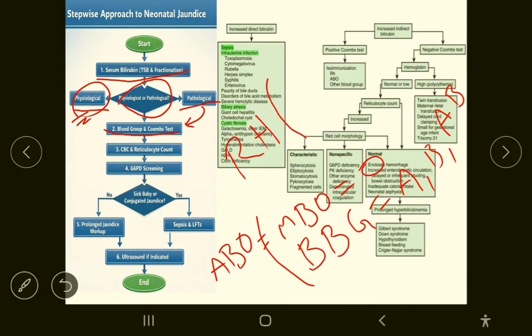Rh incompatibility occurs when the mother's blood group is Rh negative and the baby's blood group is Rh positive. These conditions cause immune-mediated hemolysis and an increase in bilirubin level.